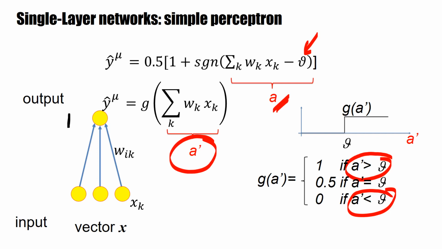It's the old one. A is A prime minus theta. And with this new variable, it's now much simpler because we can now say whenever A is positive, my output will be +1. Whenever A is negative, my output will be 0.